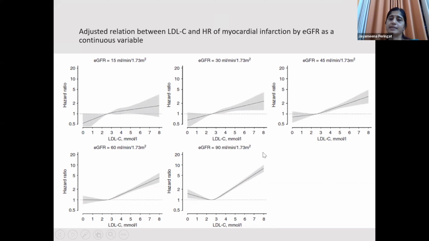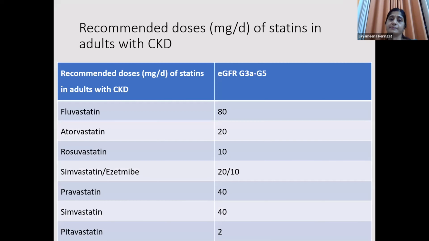This doesn't mean that the cardiovascular disease rate is less in end stage. There are many other factors that play a role in the development of coronary artery disease: acidosis, uremic metabolites, coronary artery calcification, PTH, and phosphorus. So there are various other players apart from LDL cholesterol alone in CKD which cause coronary artery disease.